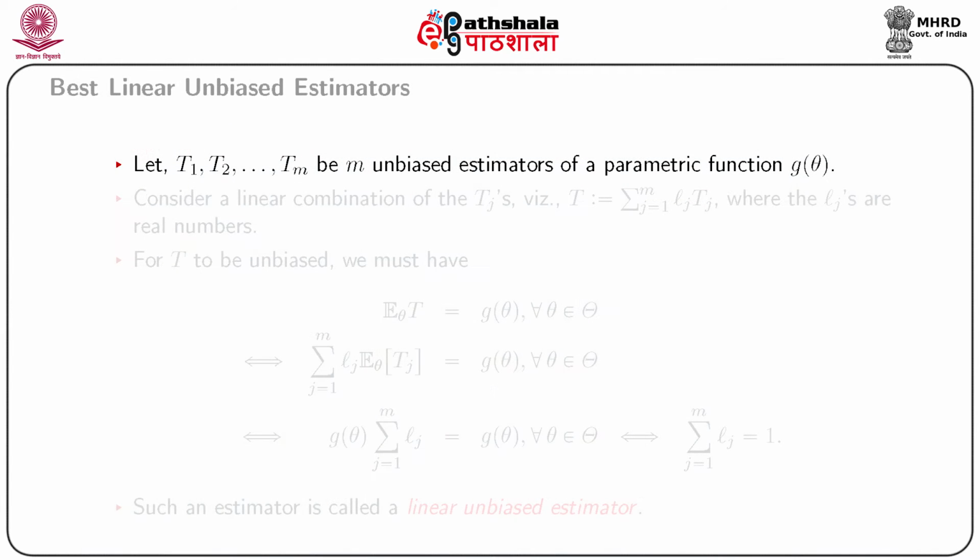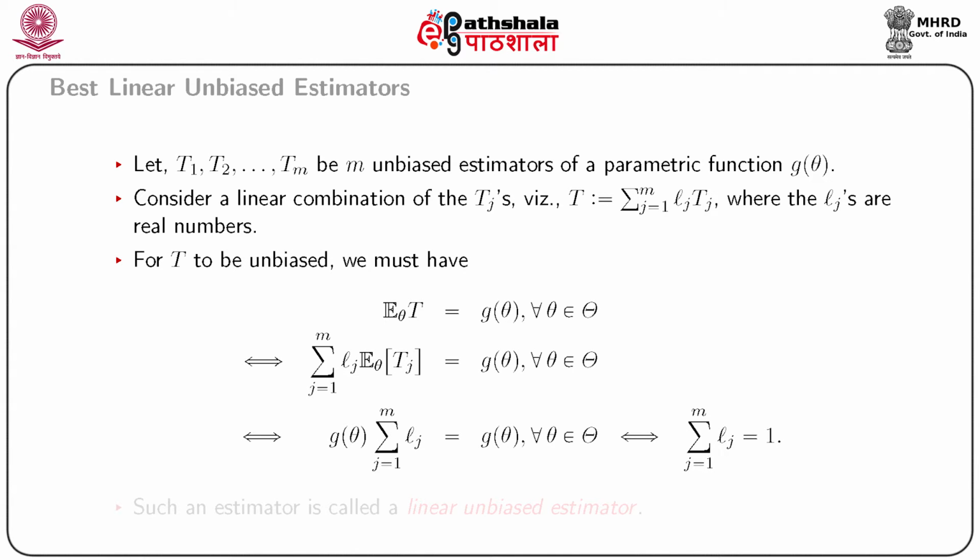Now we shall discuss the concept of linear unbiased estimator. Let T1, T2 up to Tk be k unbiased estimators of g theta. Consider a linear combination of T1, T2 up to Tk, namely T equals summation i from 1 to k of li Ti, where l1, l2 up to lk are real numbers.